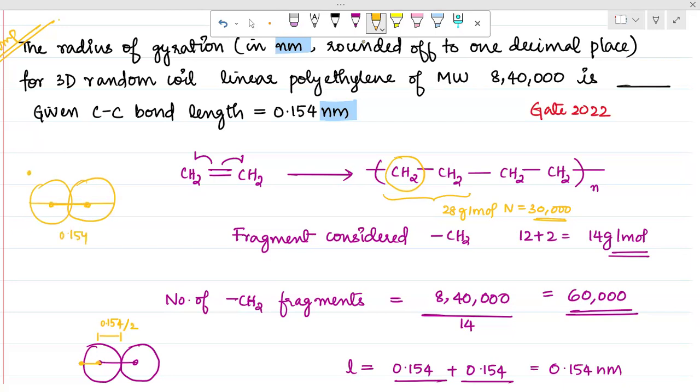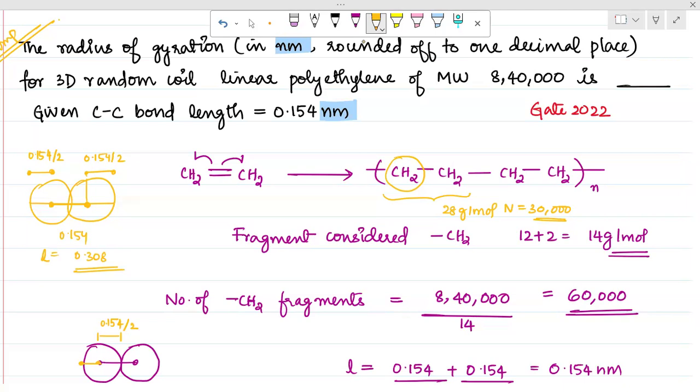Now from the end of one carbon to the center, this is going to be 0.154 by 2, and from this center to the other end, it's going to be 0.154 by 2. So if you add all of these, you will get 0.308. Ideally, this should be our ideal L and this should be our ideal N, but that's not the answer which was given.